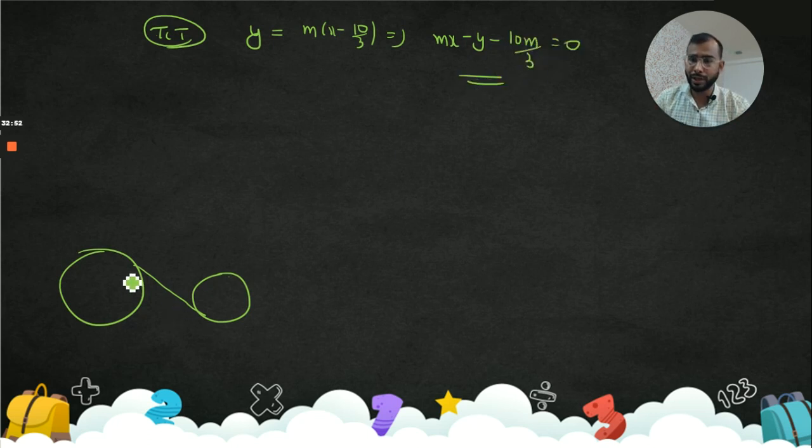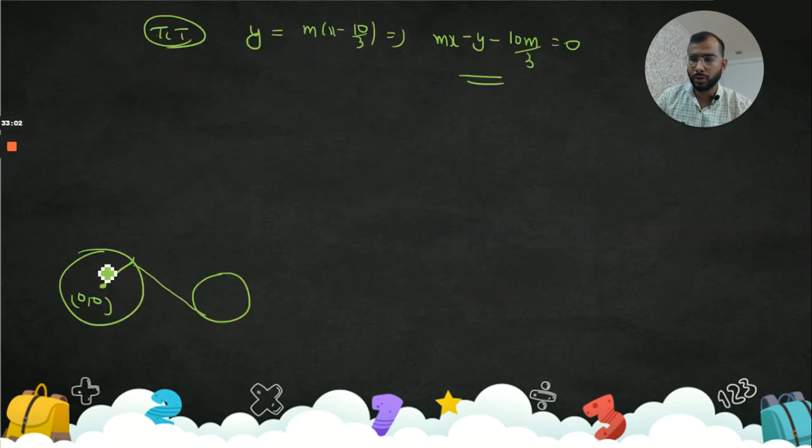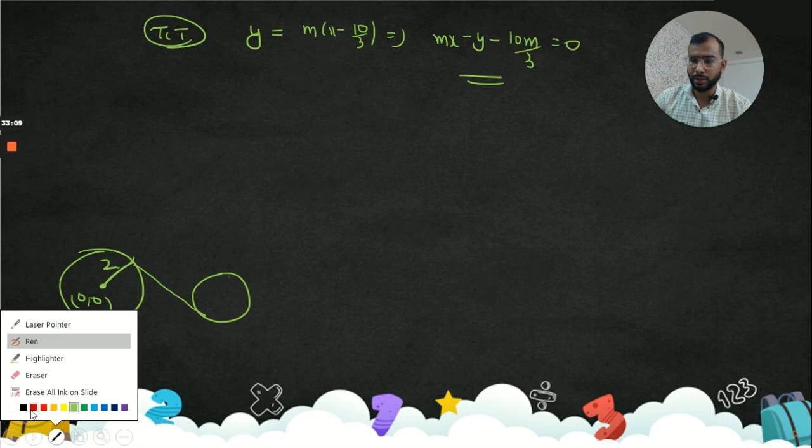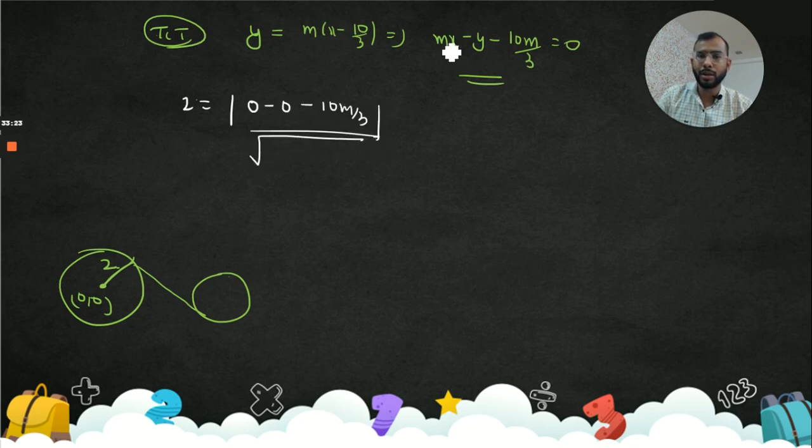This is my equation. Now from the center 0, 0, its radius is 2. This is 2. हाँ, वीडियो आज थोड़ा लंबा होगा बट विल सी, कंप्लीट कर लेंगे. इस टॉपिक को आगे स्ट्रेच नहीं करना है. Like this topic, not complete circles. Okay, so 0, 0. Let's find out the distance. Distance is 2. We'll substitute 0, 0 in this line: |0 minus 10m by 3| upon root m square plus 1. Formula we have seen every time.